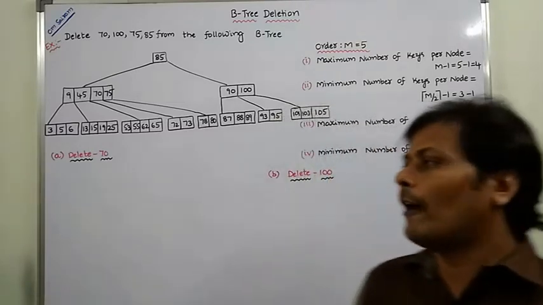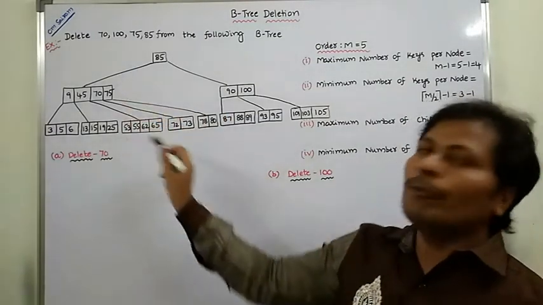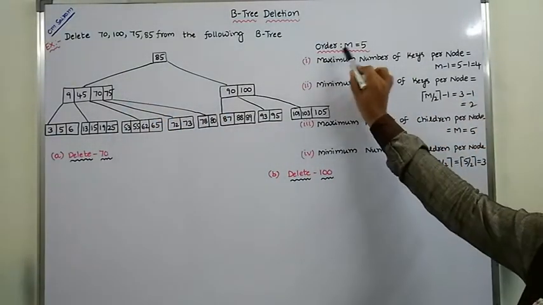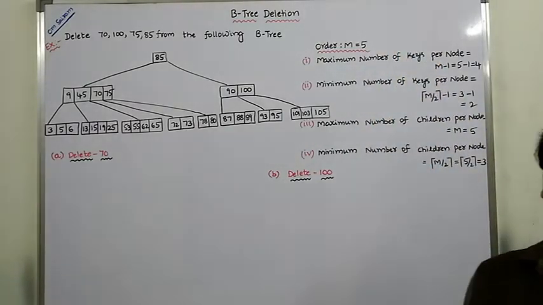First of all, this is a B tree of order 5. Order 5 is denoted by capital M, so M is equal to 5.